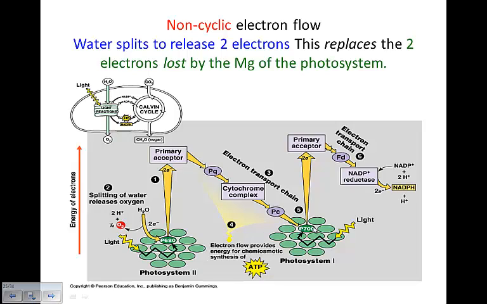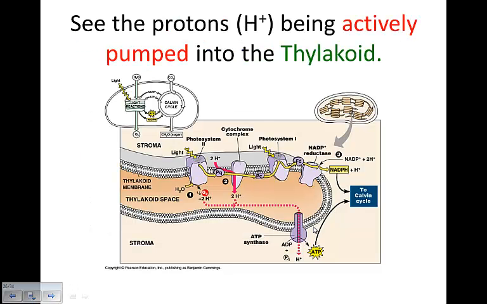So their excited kinetic energy, free energy, is going to be used to power the protons, called proton pumps. Now remember, the proton is the hydrogen ion. The water's been split, oxygen's been given off, and these hydrogen ions, these protons, are all here in the thylakoid space.